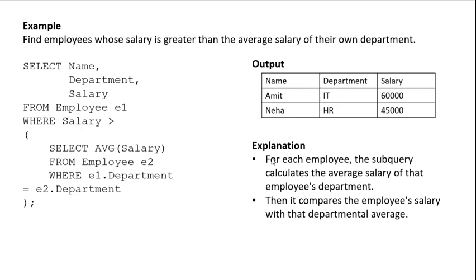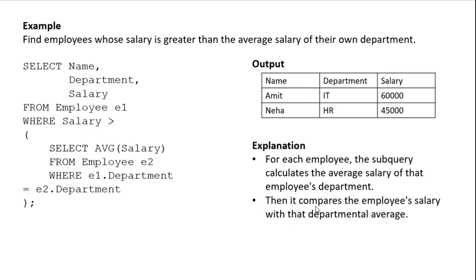The explanation: for each employee, the subquery calculates the average salary of that employee's department, and then compares the employee's salary with that department's average.